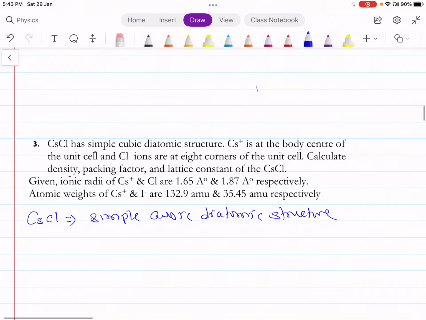And the given things are: the radius of the cesium ion is given, which is equal to 1.65 angstrom. This is the radius, and so the diameter of the cesium ion is equal to 1.65 into 2, and that is equal to 3.3 angstrom.